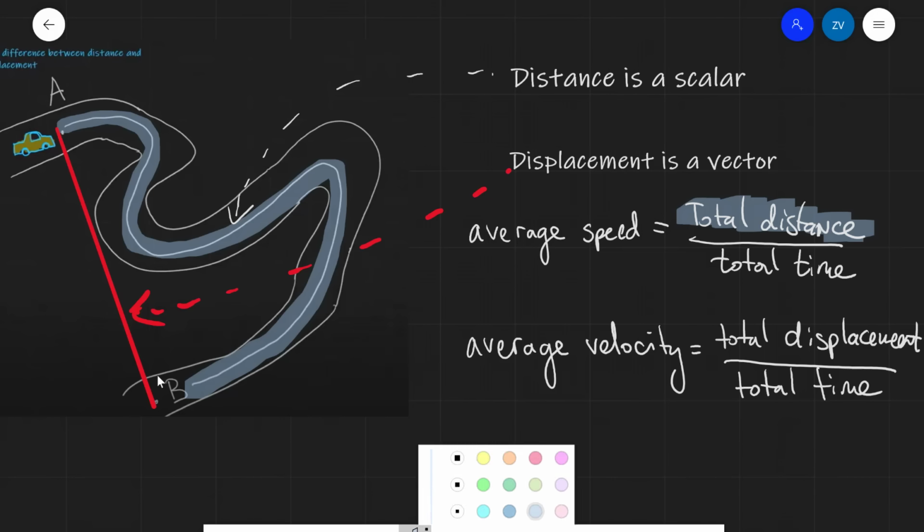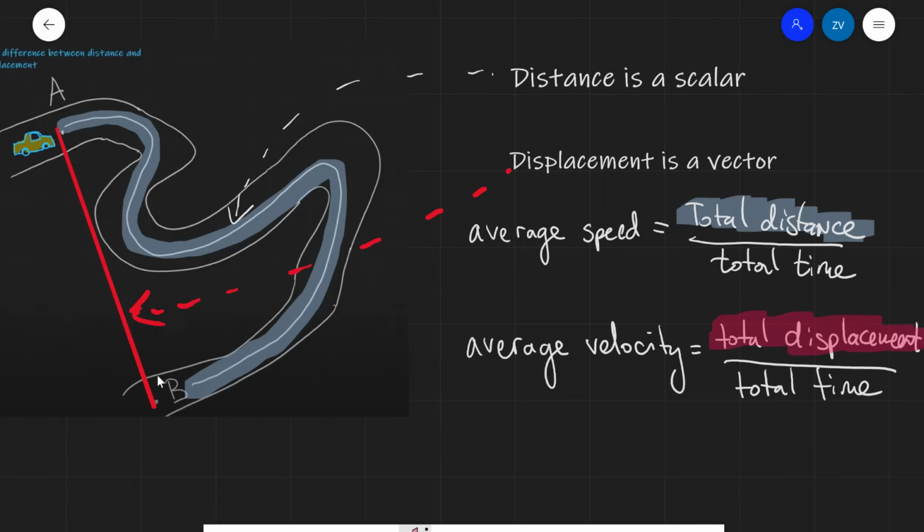So let me just highlight that in red, because it's very important not to confuse the two. Average speed is a scalar quantity, so I'm just going to write that down here, that this is a scalar, whereas the average velocity is a vector quantity because displacement is a vector.